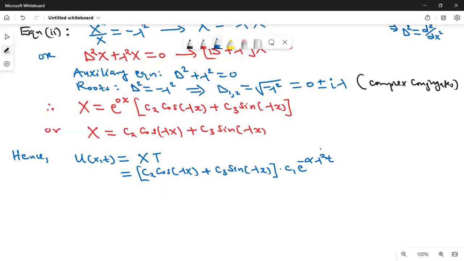That's what we had. And this can be simplified, because if I multiply the constants C1 and C2, I can get another constant, call it A. So let me start by writing the exponential.